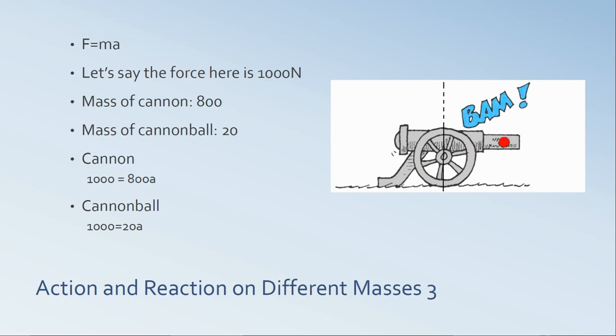For the cannonball, it's a little different. We have 1,000 equals 20 times A, and when we work out that equation, we get a much greater acceleration: 500. So with the same force, the small mass of the cannonball has a huge acceleration compared to the acceleration it creates in that massive cannon.